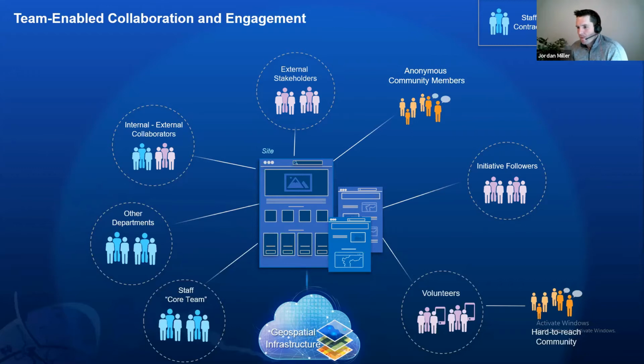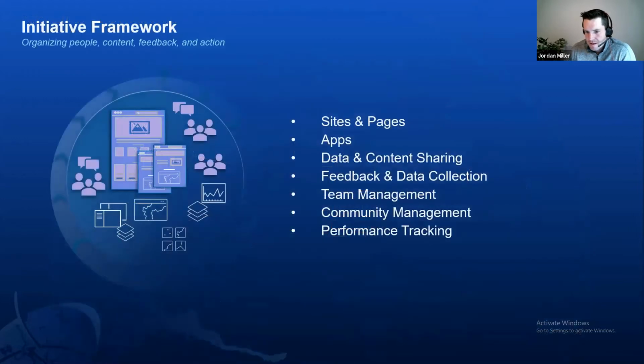So the more ways we can get people involved in our initiatives, the better. Again, organized through sites and pages. Content is through apps, data, and content sharing, enabling that feedback, including team management and community management, as well as having that performance tracking to see how many people are visiting that site.